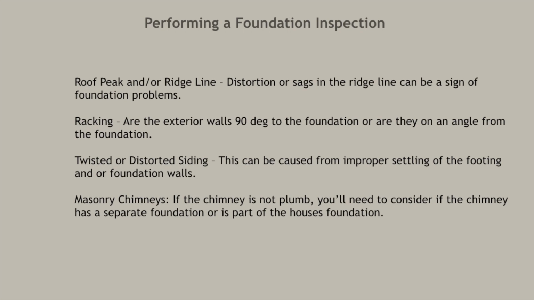Are the exterior walls 90 degrees to the foundation, or are they on an angle from the foundation? Twisted or distorted siding. This can be caused from improper settling of the footing and/or foundation walls. In masonry chimneys, if the chimney is not plumb, you'll need to consider if the chimney has a separate foundation or is part of the house's foundation.